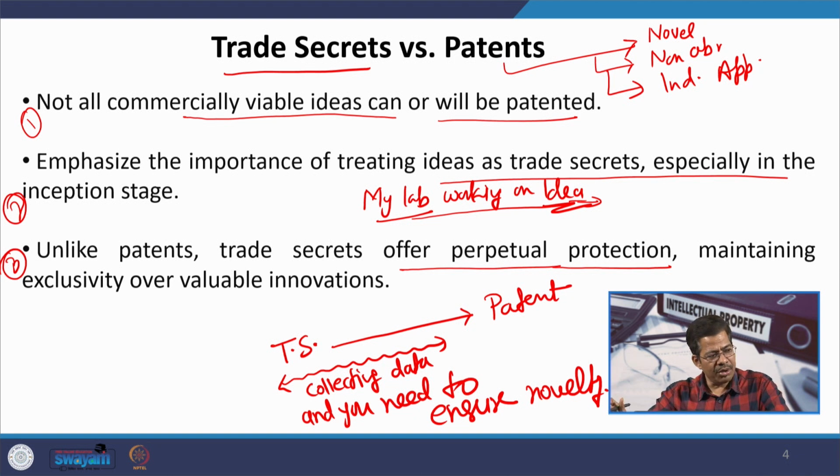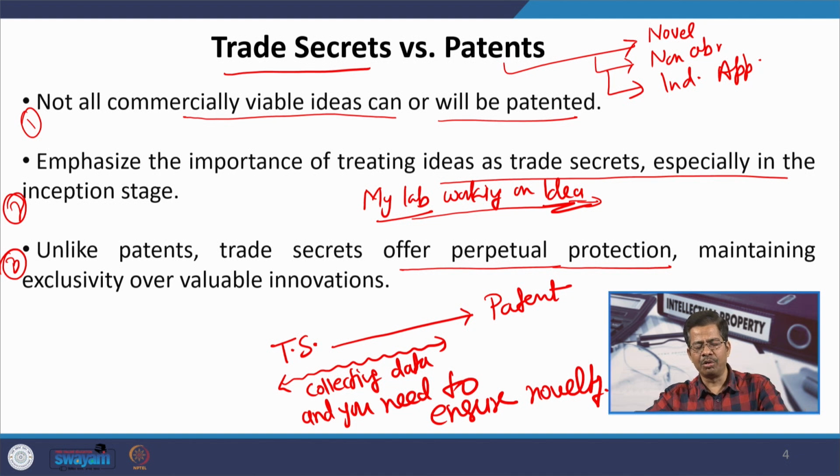You just have to keep it in your locker in your office in some confidential place, and that confidential place may be your brain itself, that there may not be any paper available for that particular process, for that innovation. That entire innovation is only in your brain, and you are not sharing that information with anybody. And since it has no legal sanctity, it is a perpetual protection.